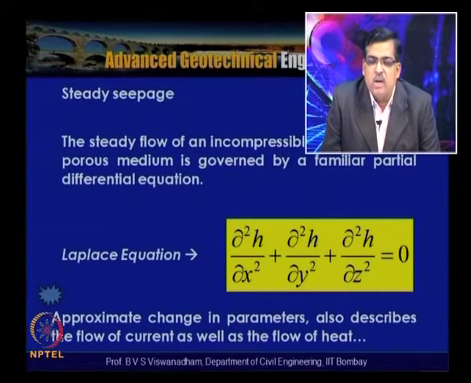For two dimensional flow, such as flow of water through an embankment or earthen dam, it is ∂²h/∂x² + ∂²h/∂y² = 0. And for three dimensional flow, an example is flow of water into a well. This same equation also describes the flow of current as well as the flow of heat.